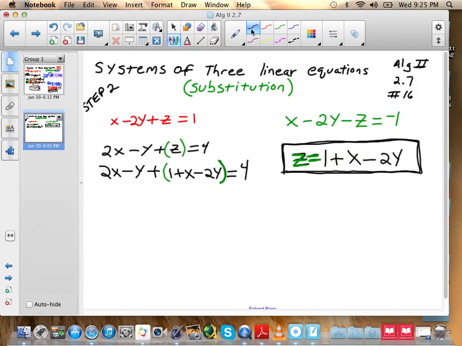So now what I want to do is find like terms. What is 2x like? Well, 2x is like my x. And then I'm going to take my other like term, which is my negative y.